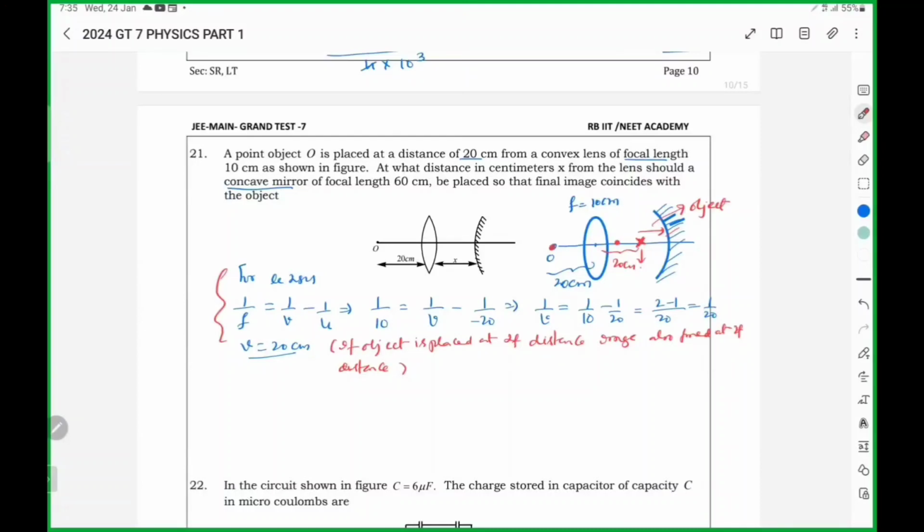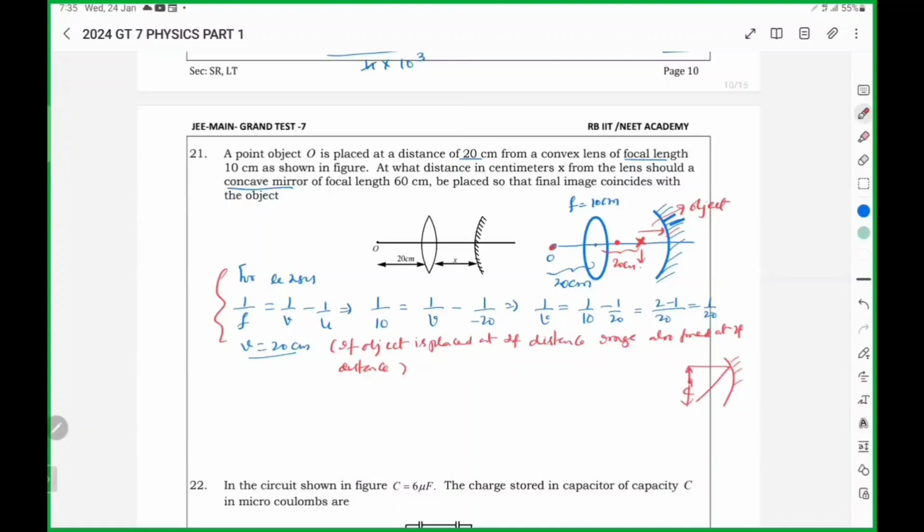So in case of a mirror, if the object is placed at the center of curvature of the mirror, the image will be formed at the same point.